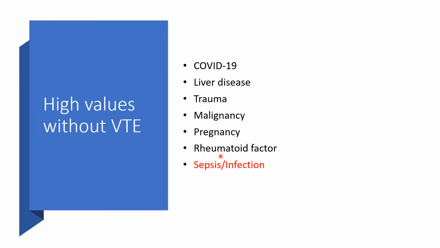Now, high values without venous thromboembolism. Yes, that is possible in COVID-19, in liver disease, in trauma, in malignancy like leukemia, in pregnancy, in rheumatoid disease, in infection. COVID is an infection, and so are pneumonia, flu, and so on.